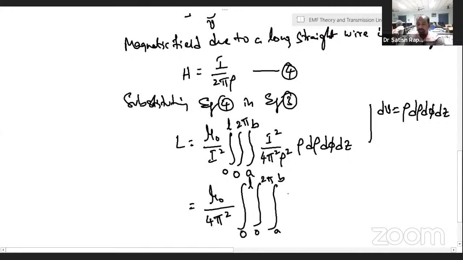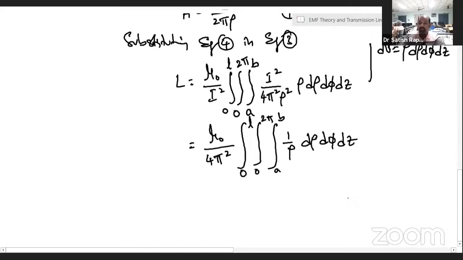Rho and rho will get cancelled out, and we will have 1 by rho d rho d phi dz.